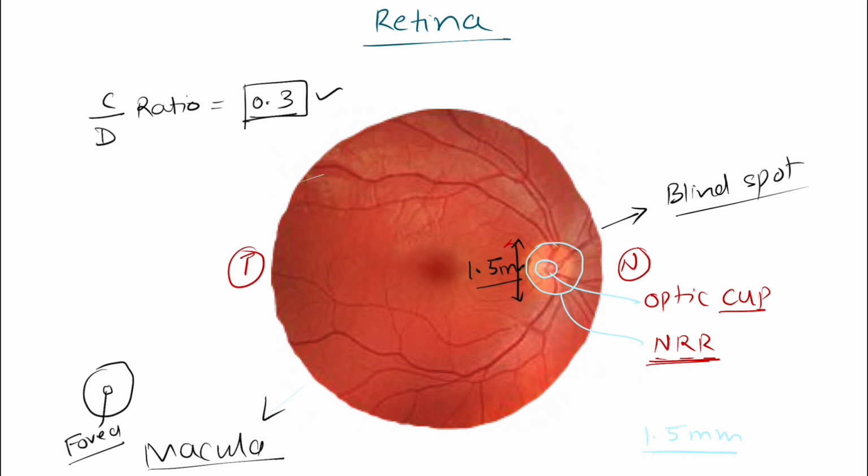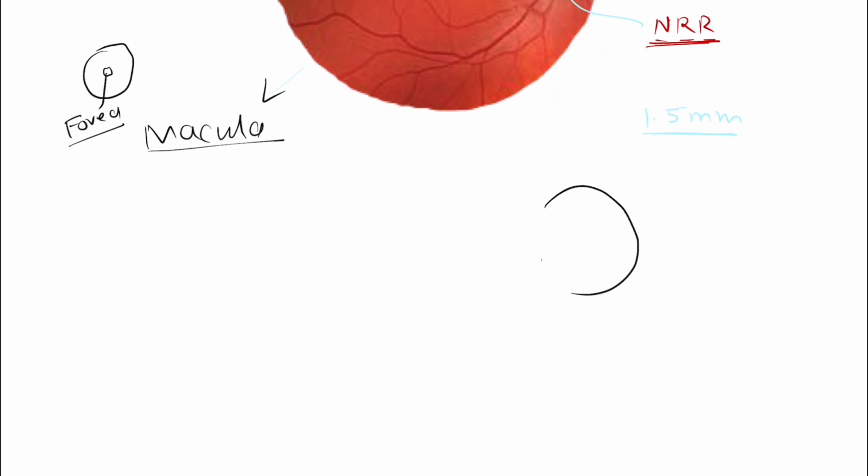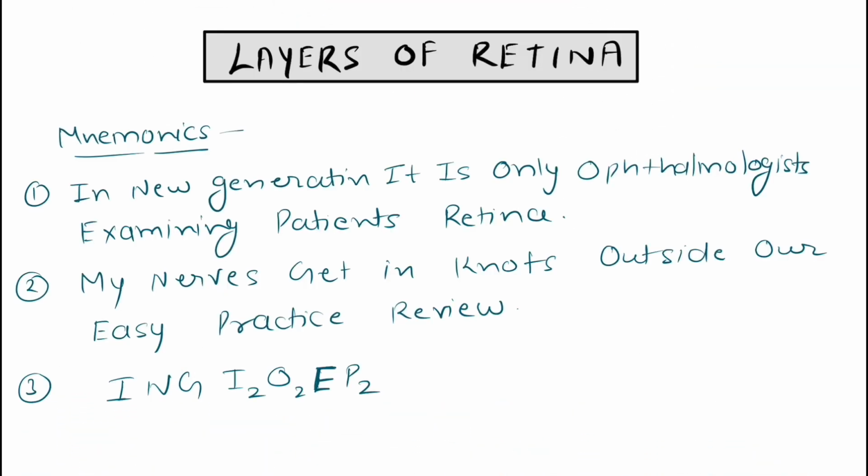What else? We can talk about the layers of the retina. If this is the retina, we are looking from the anterior side to the posterior and remembering the layers. How many layers do we have? We have 10 layers in the retina.